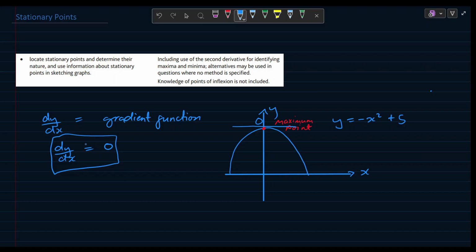Then to be able to determine whether our stationary point is a maximum point or a minimum point, we use our second derivative, d squared y dx squared. Alright, we substitute our x value into the second derivative, and if the second derivative is positive, it means our stationary point is a minimum point.